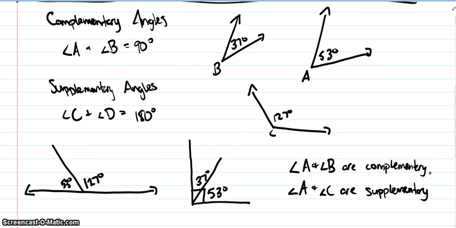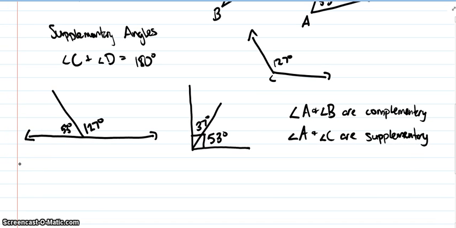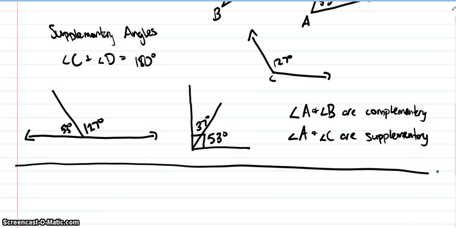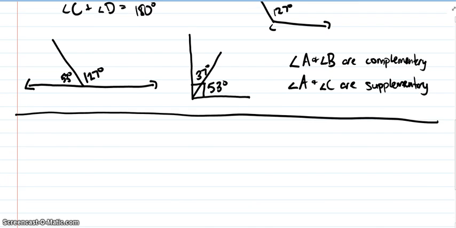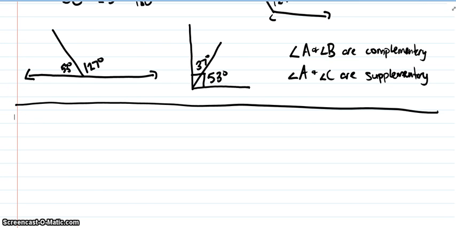Let's look at how we can use these definitions to solve some problems. Let's say you're given an angle of 27 degrees. So you know that m is going to be 27 degrees, and they ask for the complement of m.